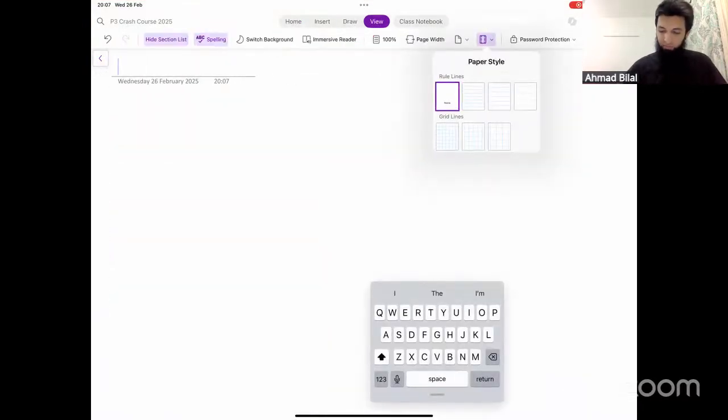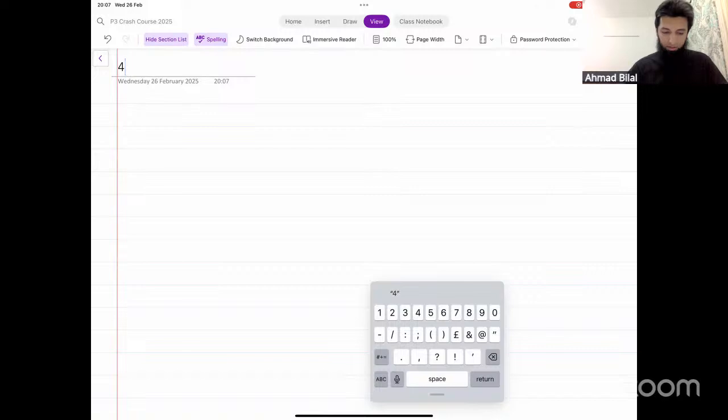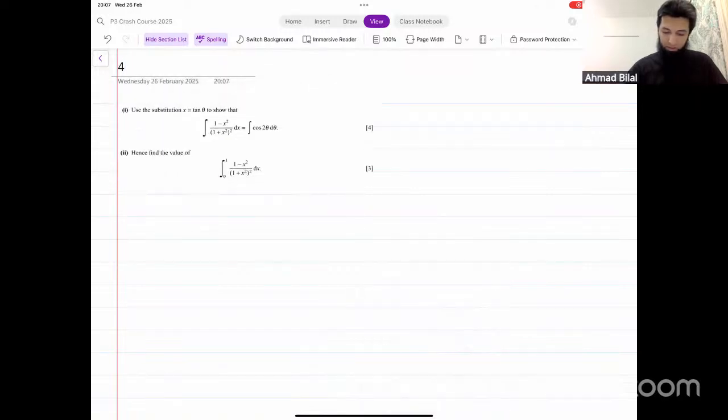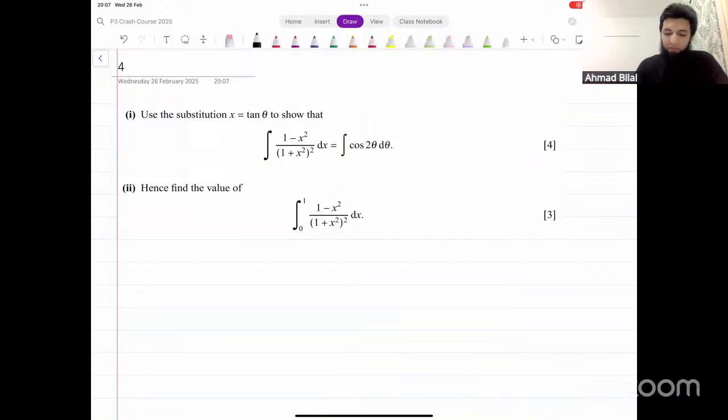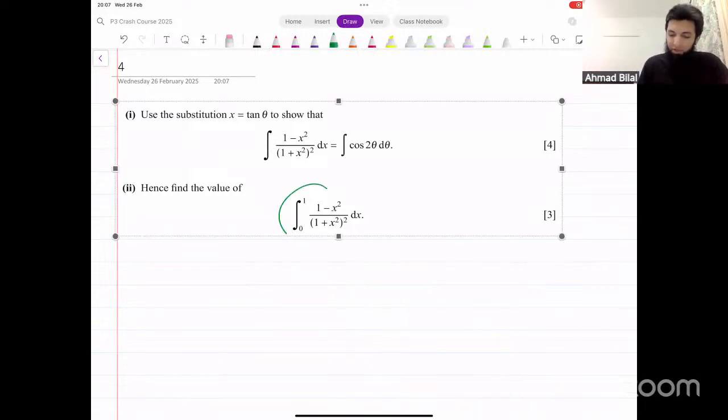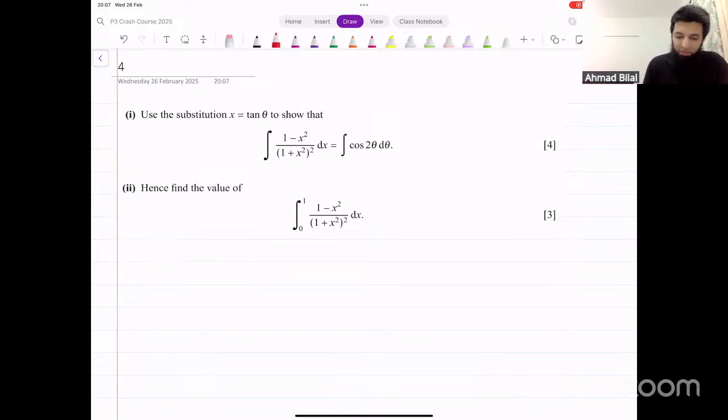Okay, so if we're done with the first part and are stuck at the second, let's think about this. In the first part, you have already converted it to that form, right? So in the second part, you would just do that substitution now. Use this form now.